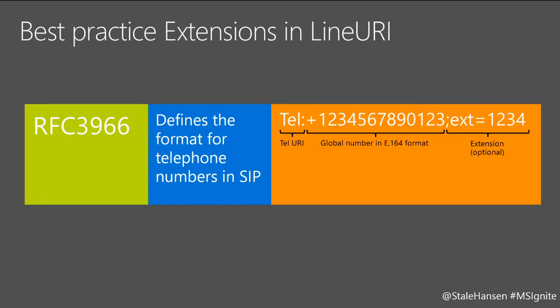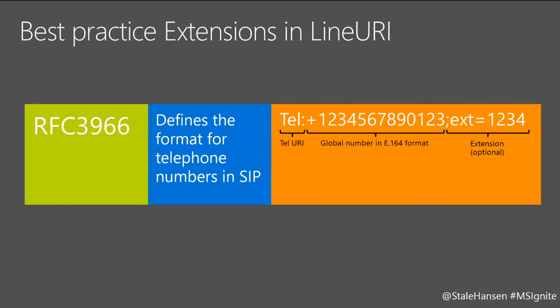My recommendation here as well is to use extensions even though you don't use them for users, but users can use their extensions to authenticate. They can authenticate to the phone, Lync Phone Edition, and also into conferences when they dial in externally and want to authenticate against the service as a leader of the conference.